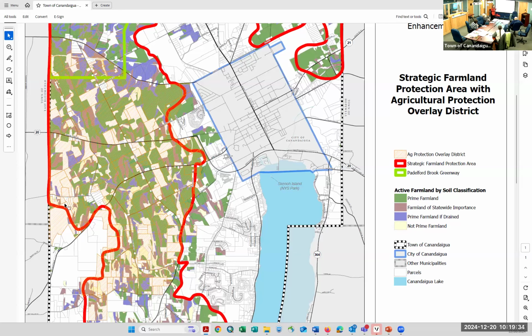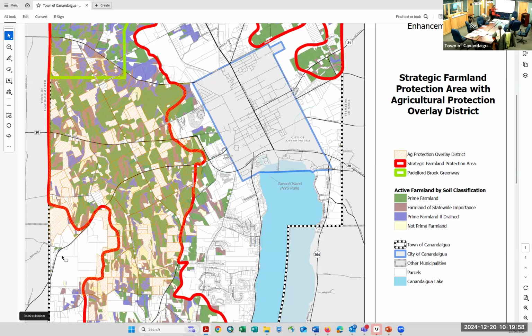The agricultural protection overlay district's boundaries are defined by the red line from Risser Road north. The strategic farmland protection area is the red line; that plan map wasn't finished. The ag protection overlay district is defined by the border of the strategic farmland protection area, but it doesn't go all the way down.